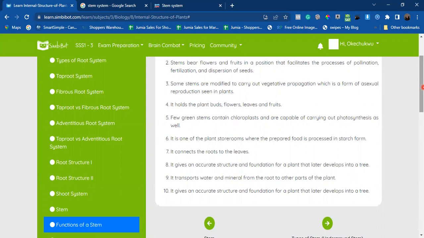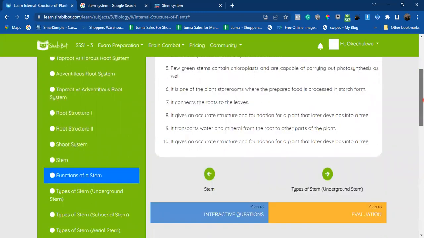They carry out photosynthesis. They connect the roots. So we've mentioned all of these things. So if you are confused, just note that the stem supports exchange of materials and allows it to be moved to different parts of the body.